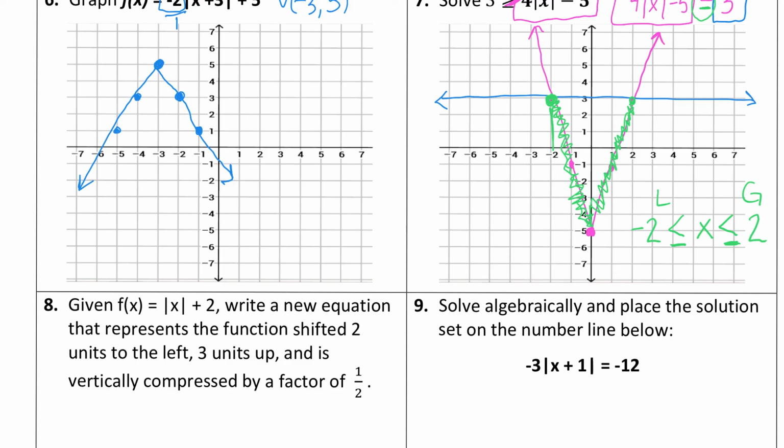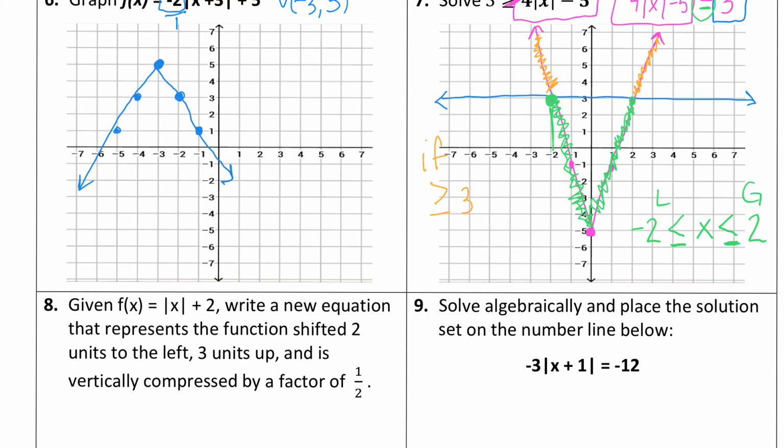And so this is how you solve an inequality graphically. Now let me just point out that, let's say this said greater than or equal to 3. If it was greater than or equal to, you would look at the pieces that are above that blue line. Well, this piece and this piece is above the blue line.